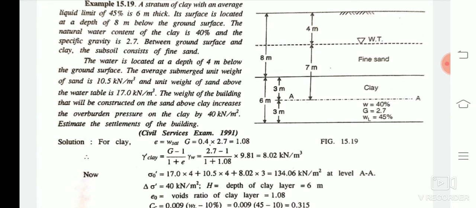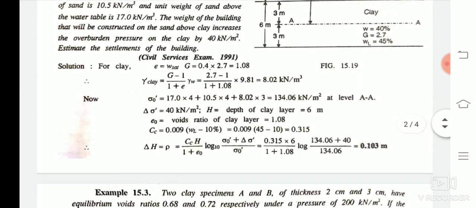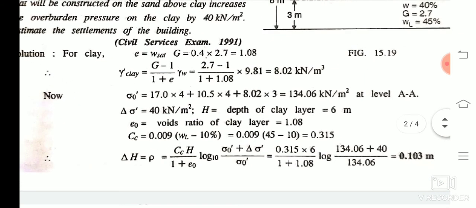For the second layer, the layer is of 4 meter depth, but it has a unit weight of 10.5 kilonewton per meter cube as already provided. If the depth of the upper layer is 4 meter, then the lower layer is also 4 meter, as together they form 8 meter depth. So the value will be 10.5 into 4 meter.